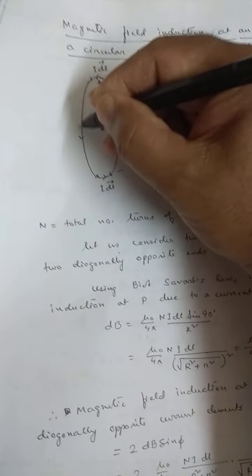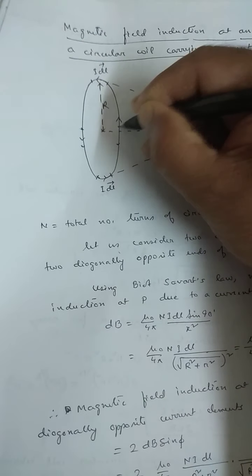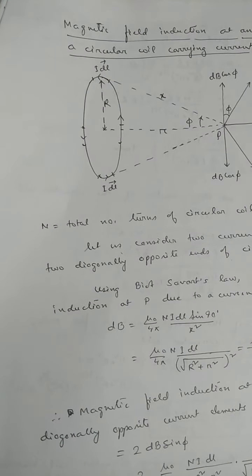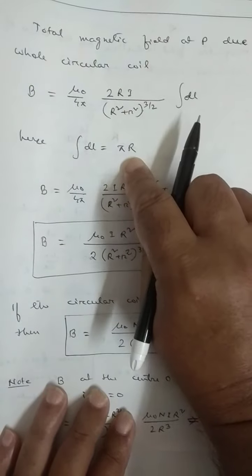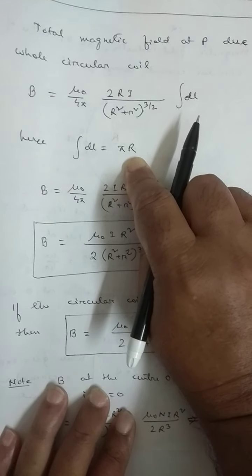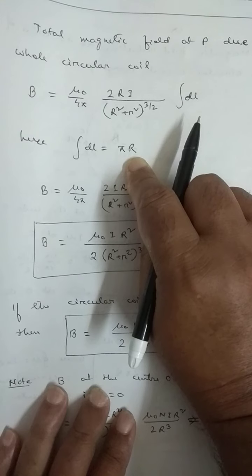Therefore, if I consider one current element here, the other current element automatically comes here. So what is integration of dl? Integration of dl is pi r, half of the circumference of the circular coil.